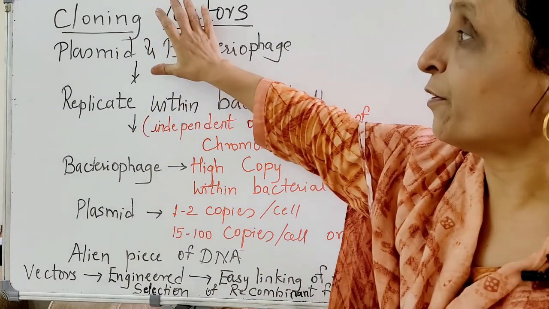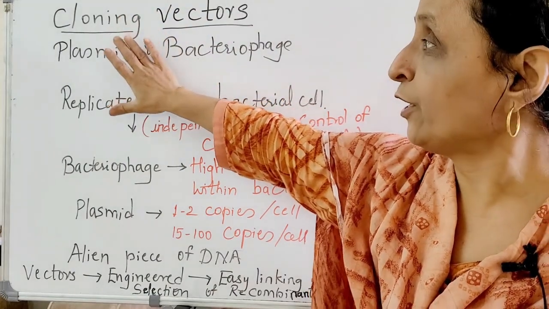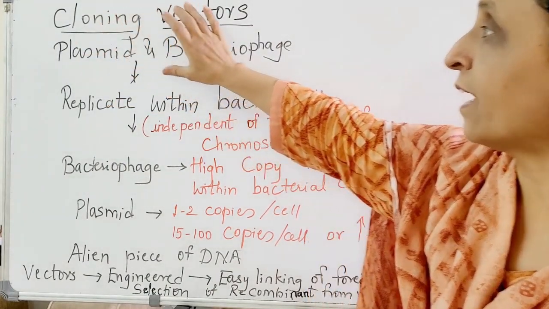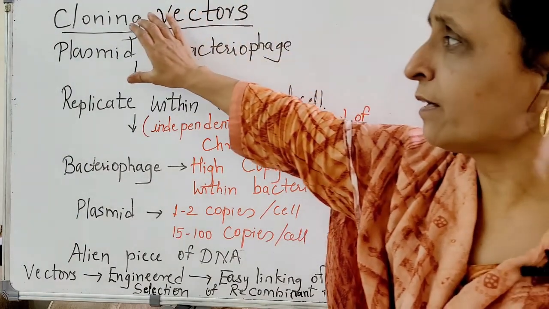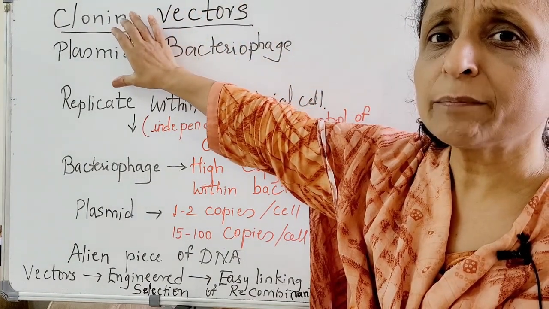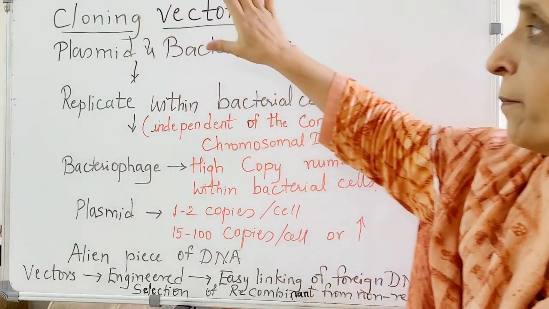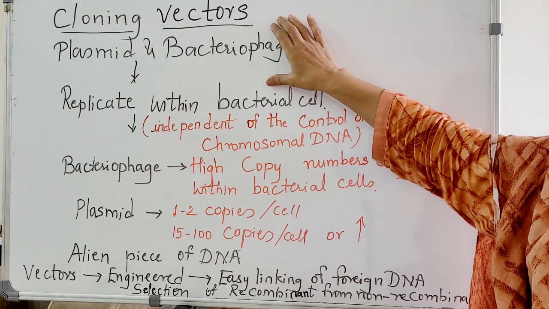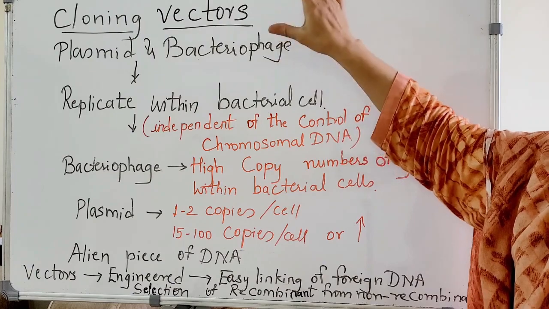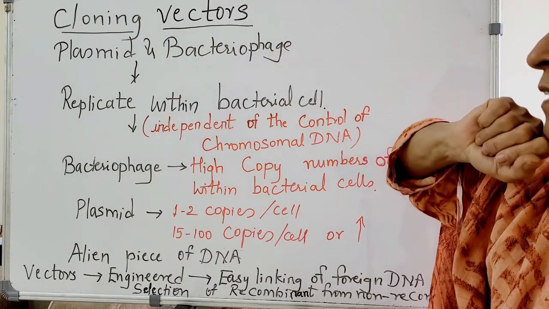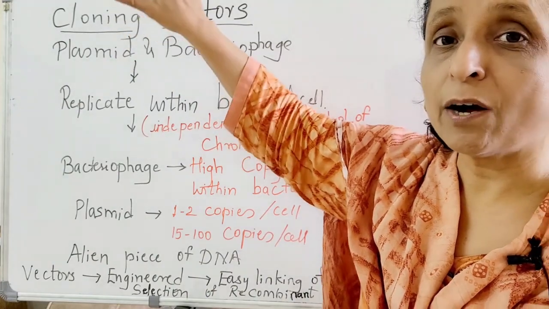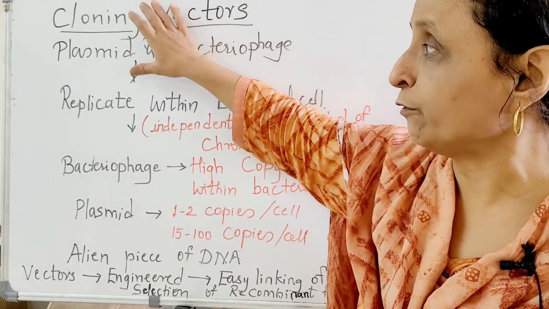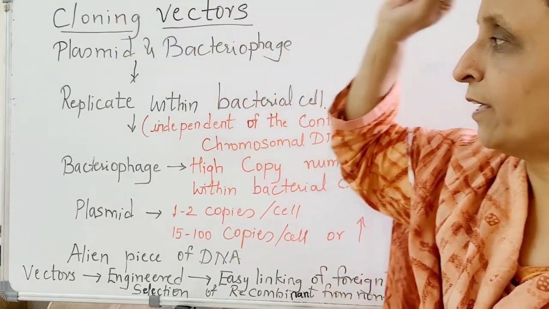Here our vectors, our heroes, are plasmid and bacteriophage. Plasmids are the extra genetic material of the bacteria. Bacteriophages are the viruses which infect the bacteria. They are used as vectors for transferring the DNA which we need to transfer and then multiply.